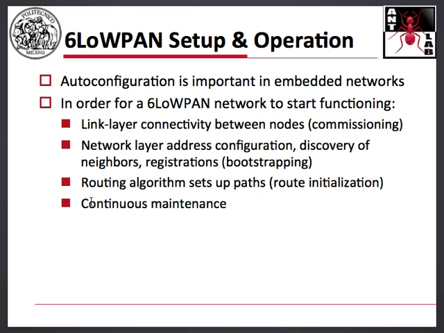In the internet, you always assume that one router is always on. This is no longer true in low power networks based on IPv6, because nodes can switch on and off depending on the specific duty cycle of your 15.4 network.